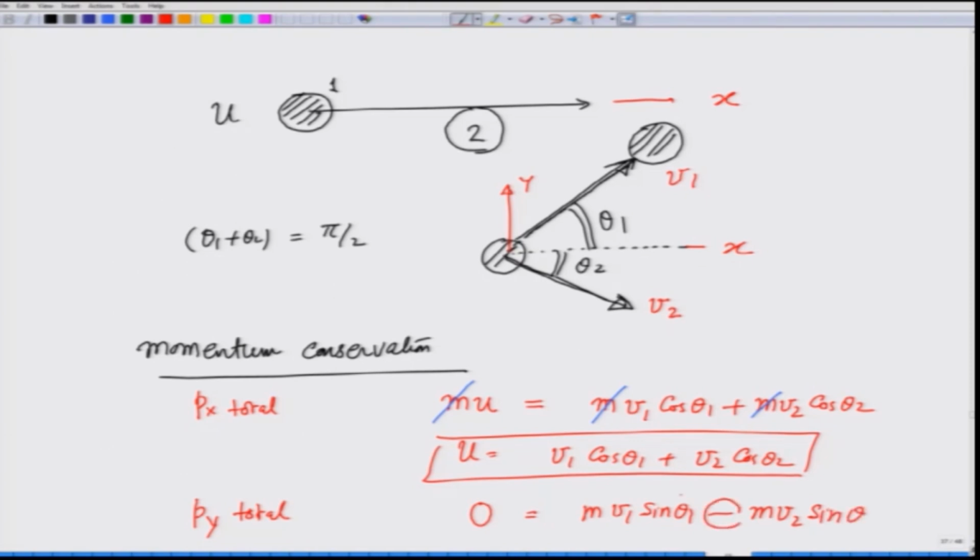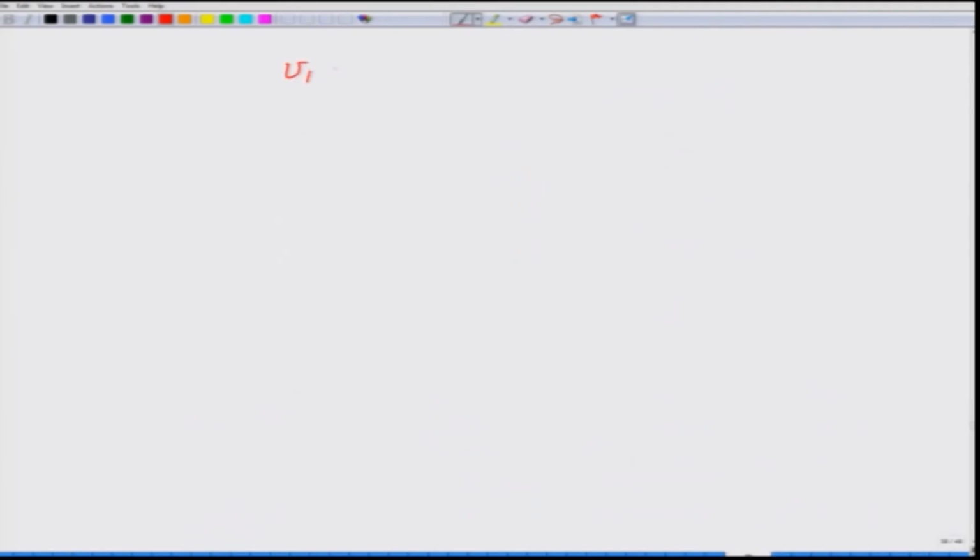I put a minus sign here already anticipating that the y components are in the opposite direction. If you put plus, finally you will get v1 equal to minus some v2, so that does not really matter. And this equation gives me v1 sin theta 1 minus v2 sin theta 2 equals 0. That is equation number 2.